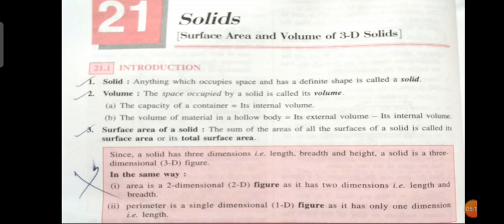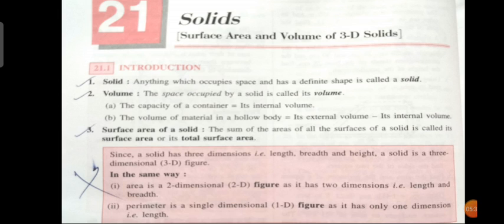And in the same way, area is a two-dimensional figure. Why is area a two-dimensional figure? Because it has two dimensions, length and breadth. Perimeter is a one-dimensional figure because it has only one dimension, the length.